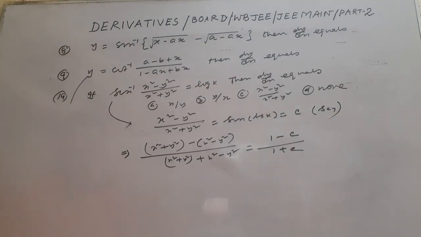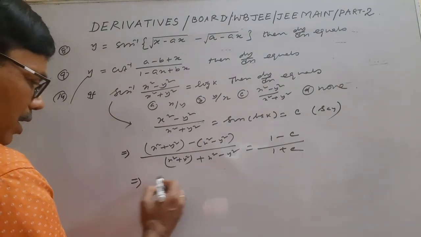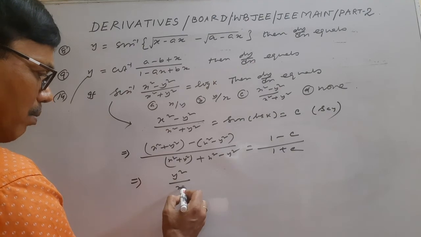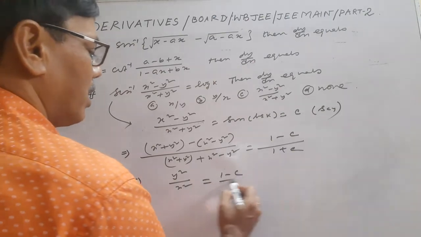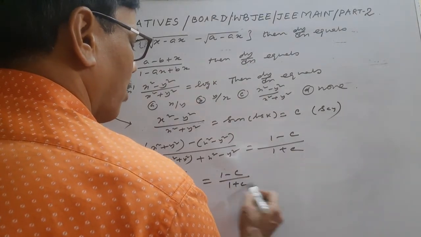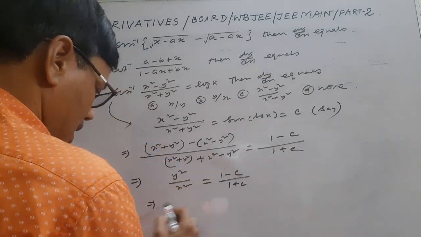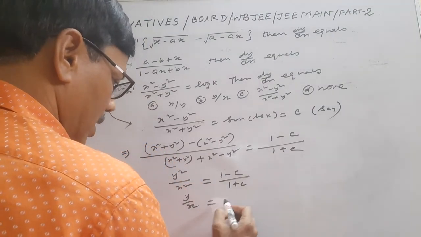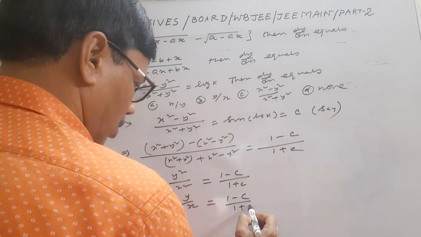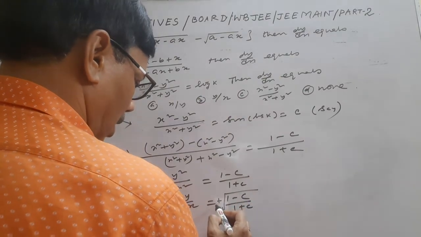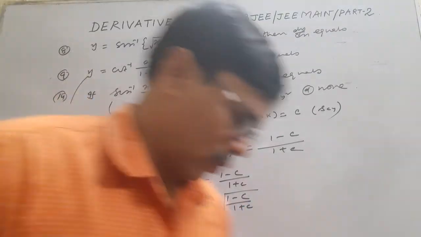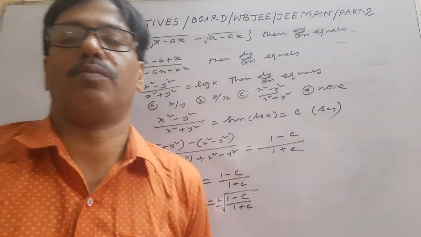Componendo and dividendo. So what advantage are you getting? Y square by x square equals 1 minus c by 1 plus c. So finally we are getting y equals root over 1 minus c by 1 plus c, plus minus. So this is the simplified form.